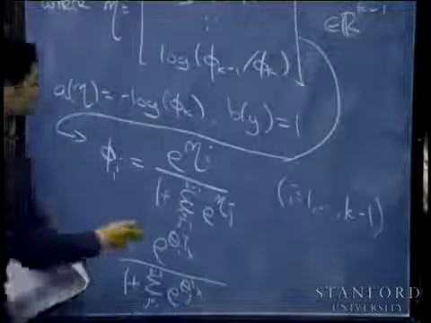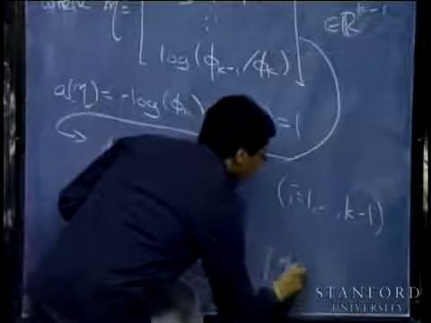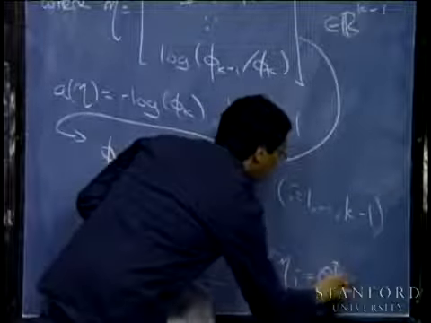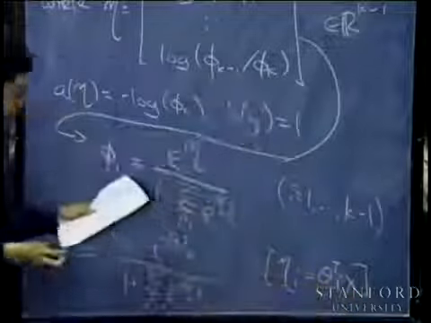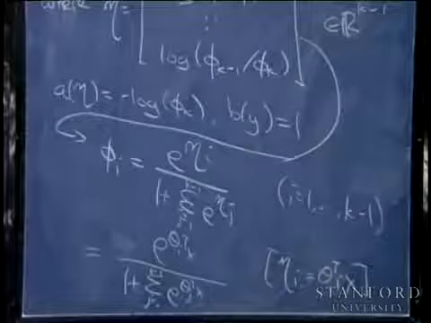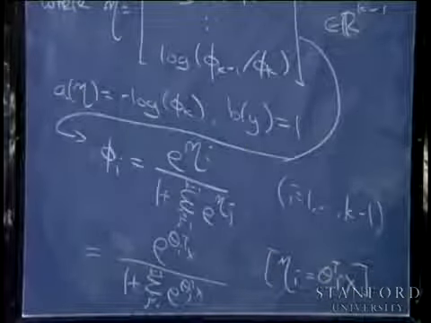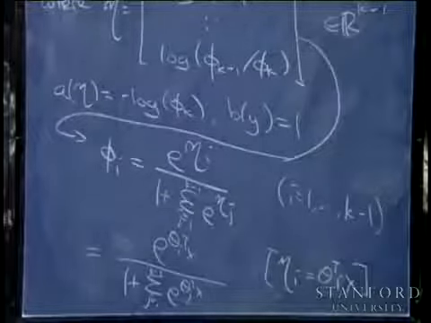This is just using the fact that eta i equals theta i transpose x, which was one of our earlier design choices for generalized linear models.